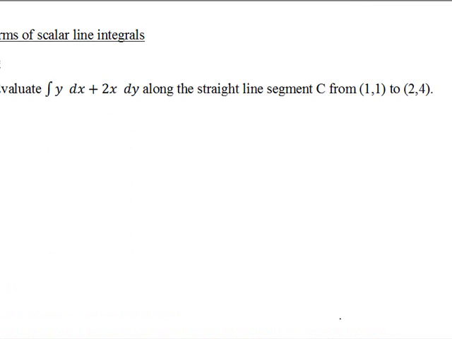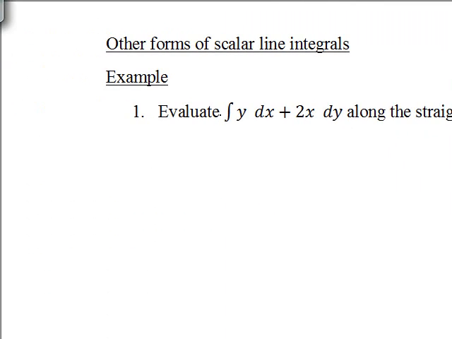Let's look at other forms of scalar line integrals. So we're still doing that, but they can be presented in different forms. Here's one way it can be presented. The C is missing again. Evaluate the line integral over C of y dx plus 2x dy along the straight line segment C from (1,1) to (2,4).